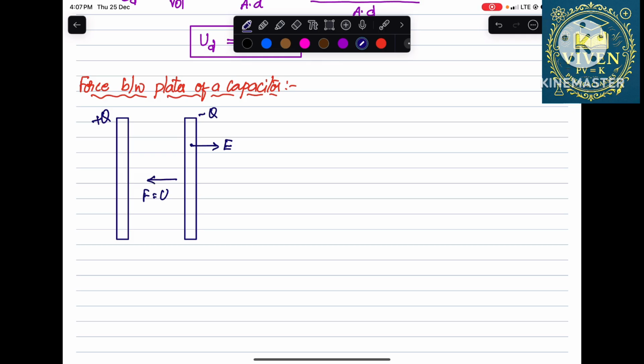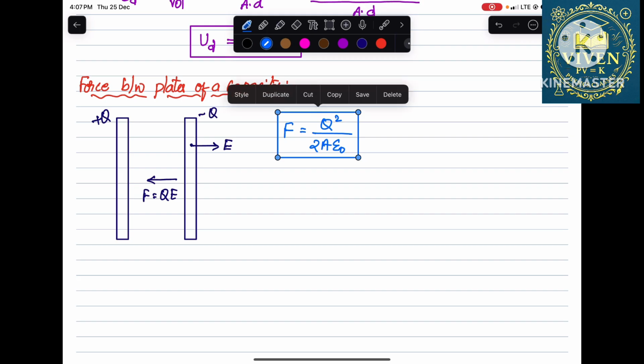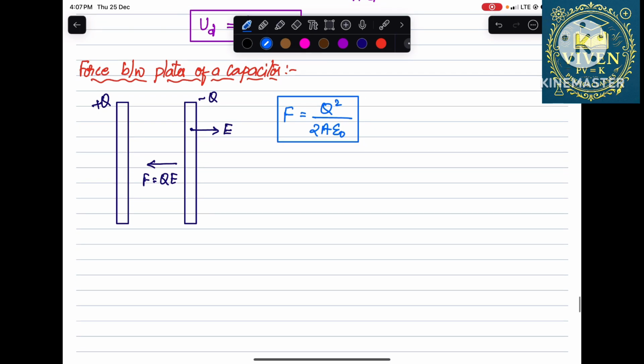F is equal to Q into E because of one of the charged plates. So straight away, F is equal to Q square by 2 A epsilon naught. This is the force by plus Q on the minus Q plate. And already, what is the formula I have?